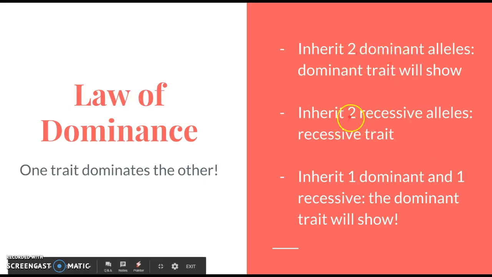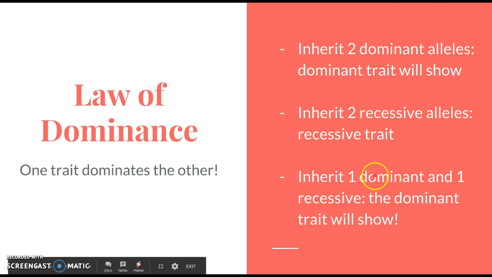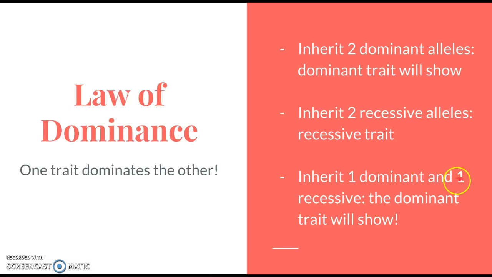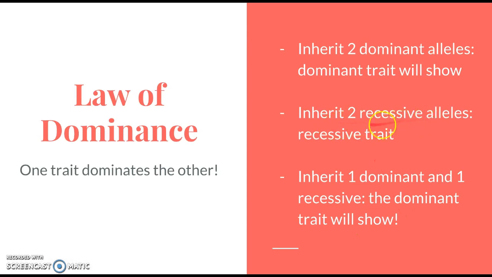You could also have 1 recessive and 1 dominant. So say this is brown hair, the dominant, and this is blonde hair, the recessive. The dominant one's going to show. It's going to overpower it completely. You could end up with 2 recessive alleles. If you have blue eyes, that means you have 2 recessive alleles. You don't have the brown one to overpower the blue one.